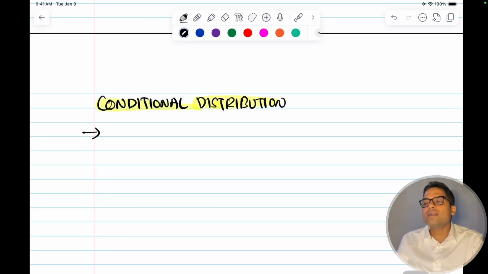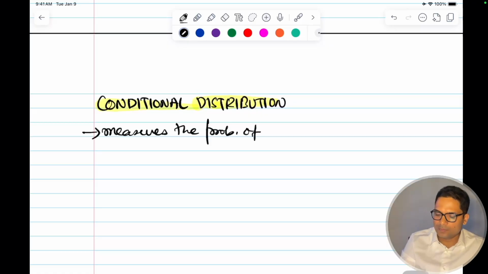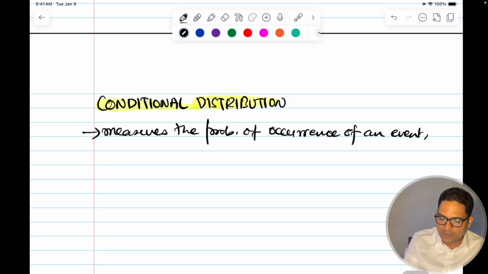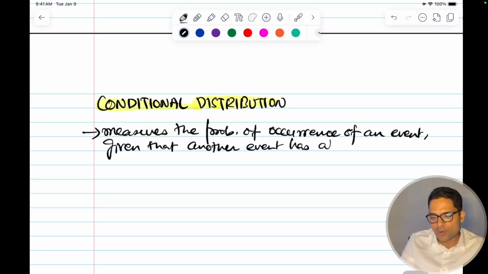Conditional measures the probability of the occurrence of an event given that another event has already occurred.